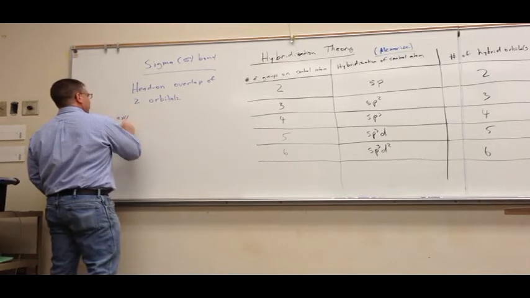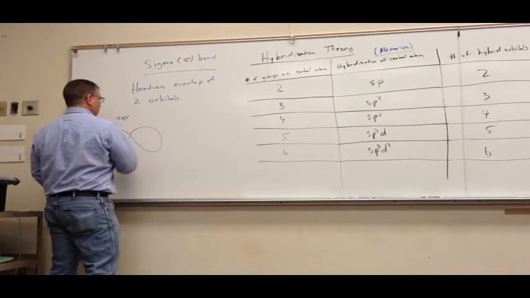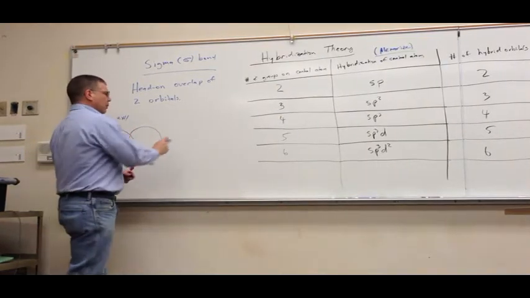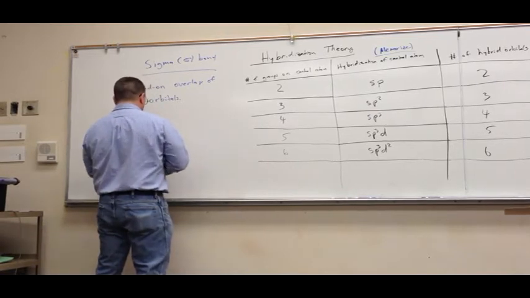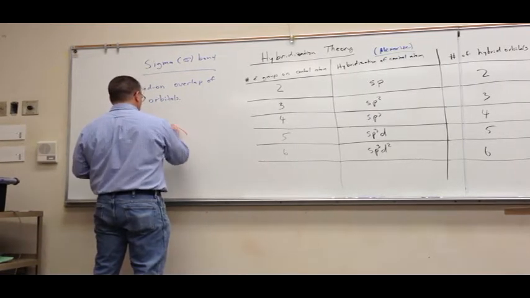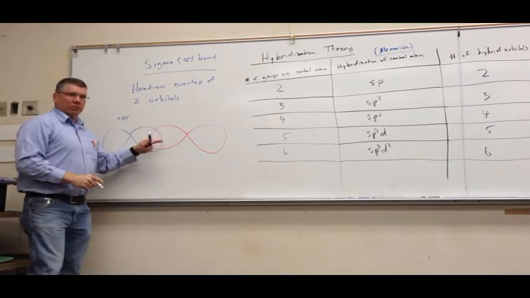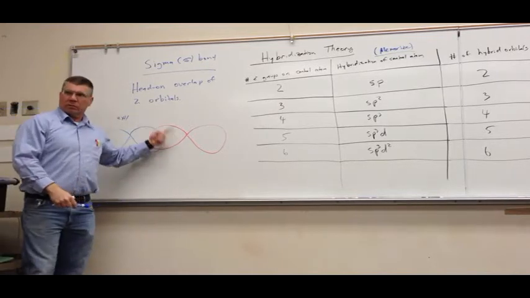The picture might look like this. Let's say a p orbital on this atom, doesn't matter what the atom is, and a p orbital on this atom are overlapping. They overlap like this, right? These orbitals are all 3D, right? So it's like that.